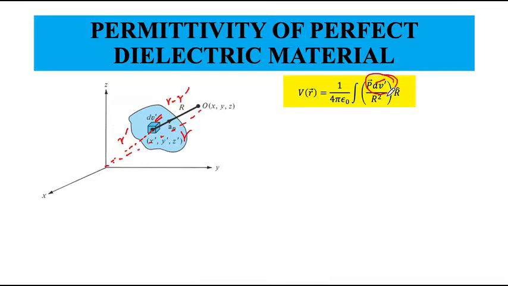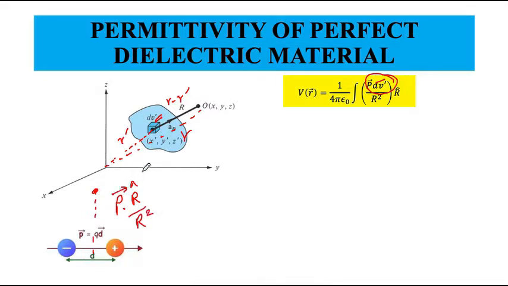If you recall the field of a dipole, you will remember that if you consider two charges, one is minus q and another is plus q, and define qd as the dipole moment, at any other point where we are trying to find the field, we found that the field is actually P dot r hat by r square.